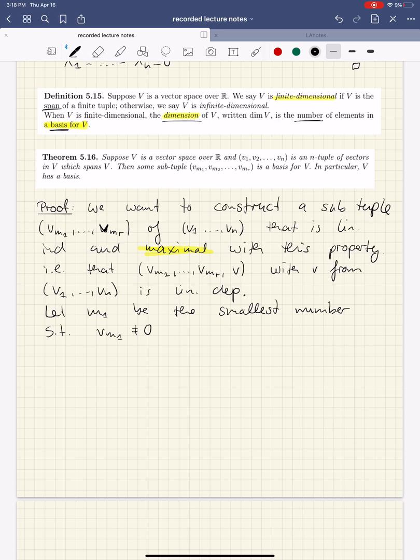This is precisely why we proved it for such arguments. So by the lemma, and this was 5.10, Vm1 is linearly independent.